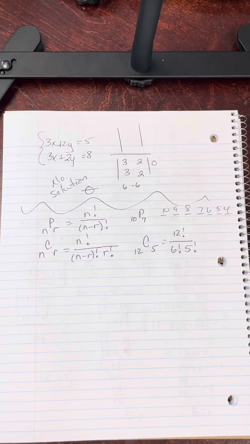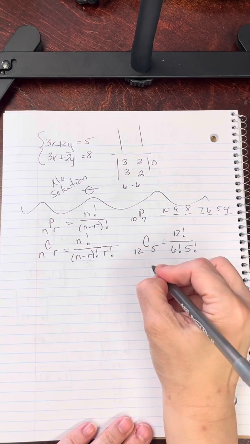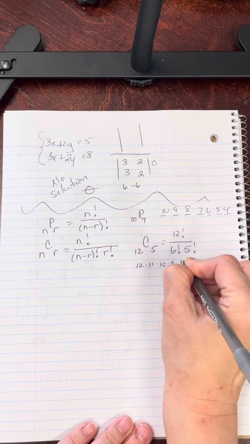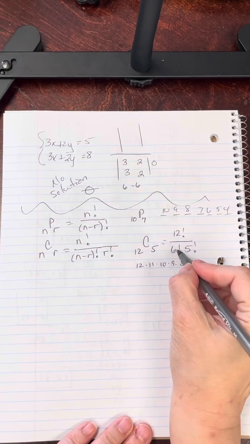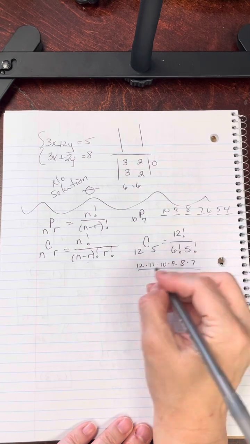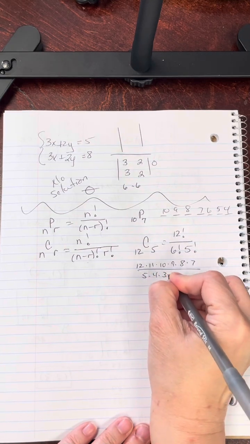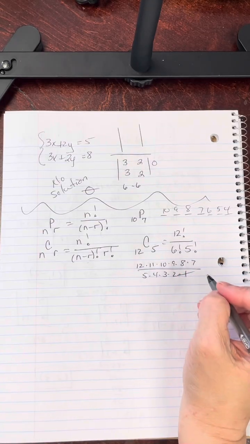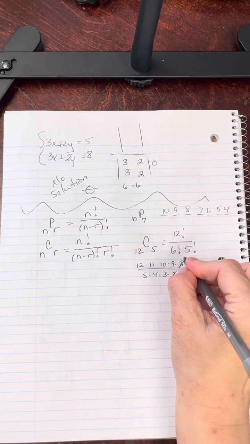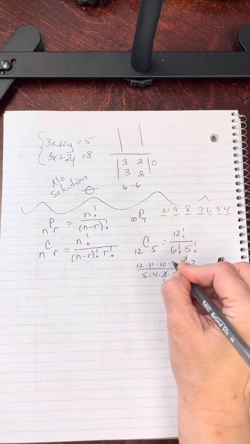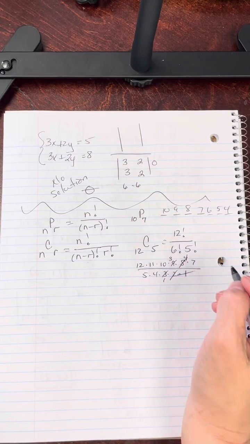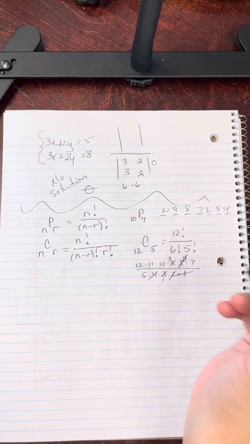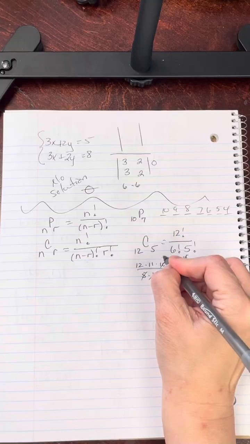So I can do that straight up on my calculator, or if I'm trying to write it out, I know it's going to be 12, 11, 10, 9, 8, 7, and then the 6 and on down I don't need, and then this one 5, 4, 3, 2, 1. I don't need to write the 1, but whatever. And then any reducing that I see, 2 goes into 8 4 times, 3 goes into 9 3 times, 4 and 4 cancel off, 5 goes into 10 twice.